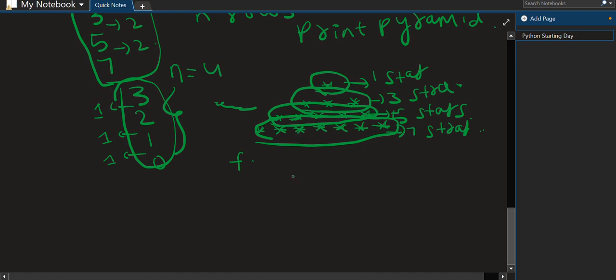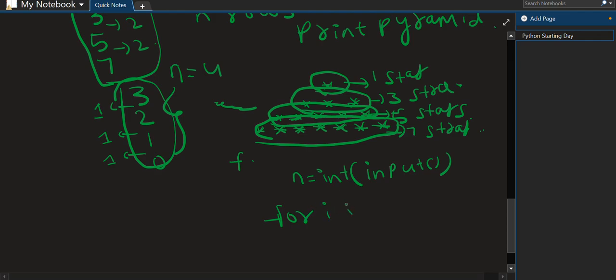First of all, take input: n equal to int of input. Then they said that n rows should be there, so for i in range of n.